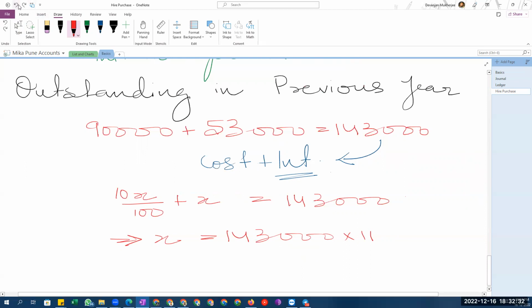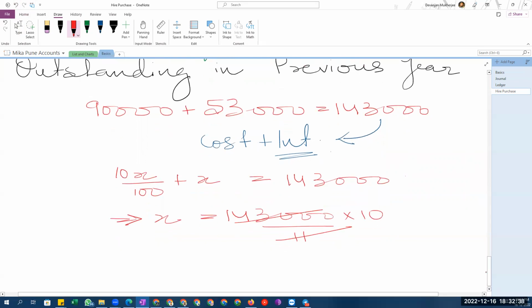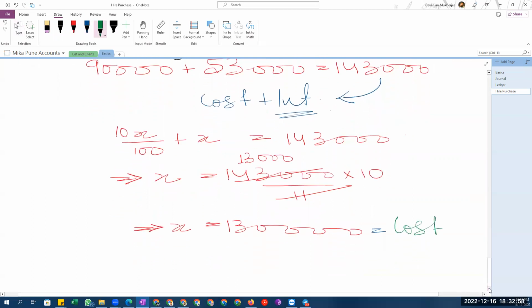If I cancel this, 11 ones are 11, 11 threes are 33, 13,000, which will give me 1,30,000 as the principal value of this first installment outstanding. So the interest would be 13,000.